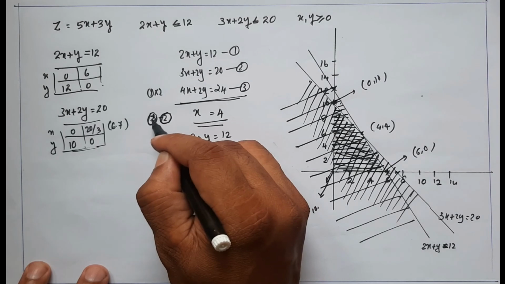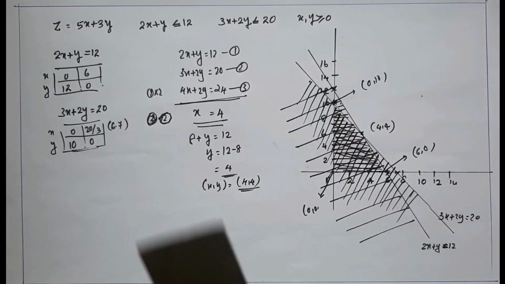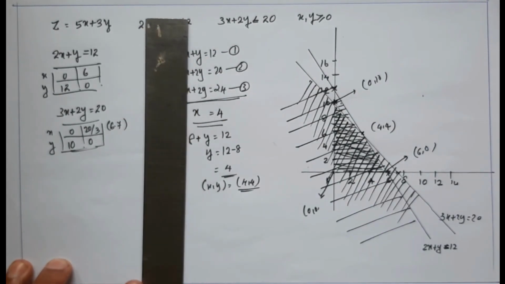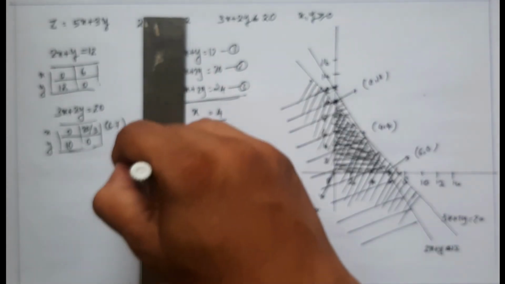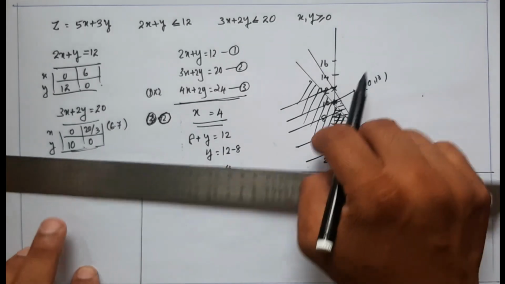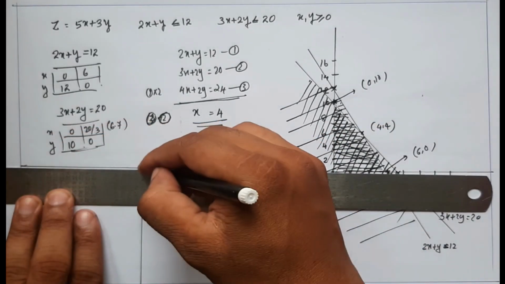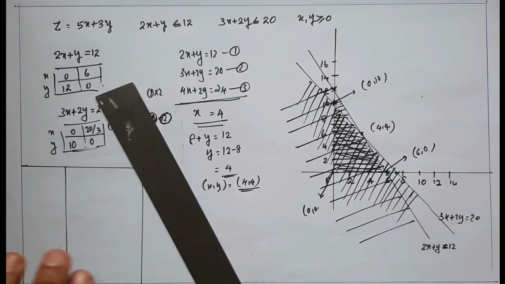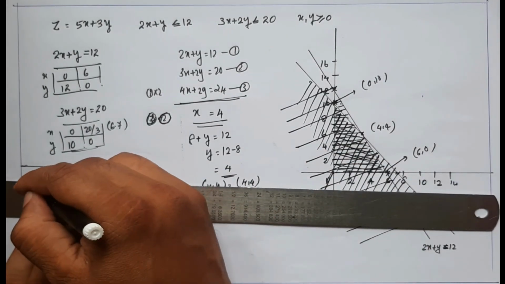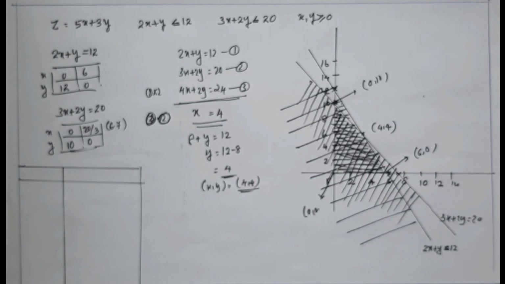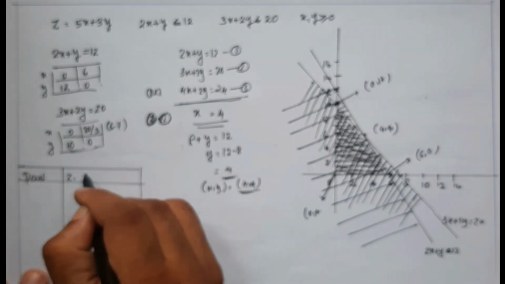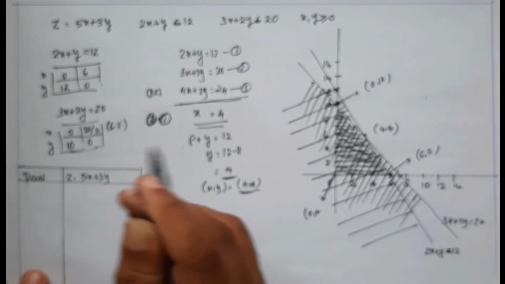Now substituting these values into the given function, we get our maximum profit. Our main function is 5x plus 3y.